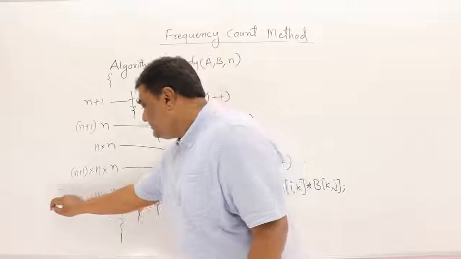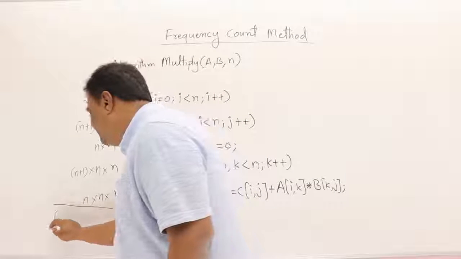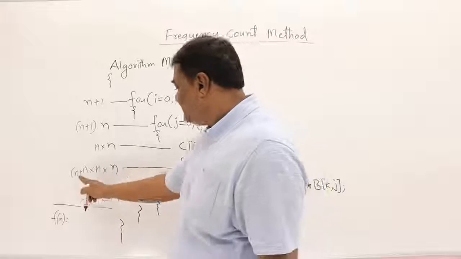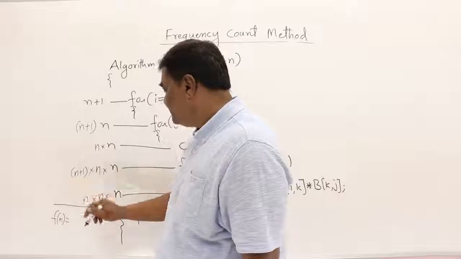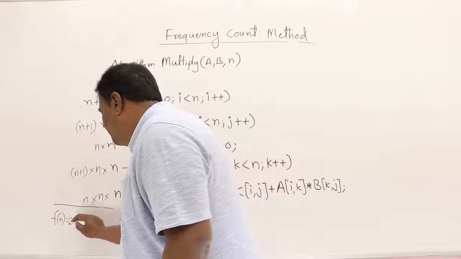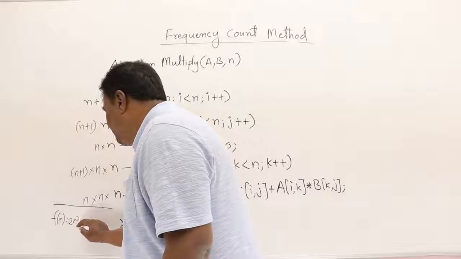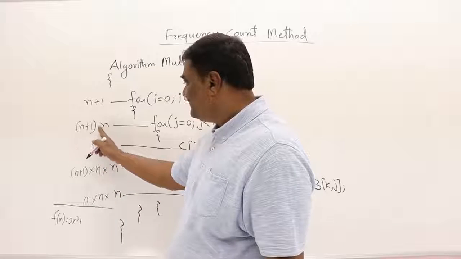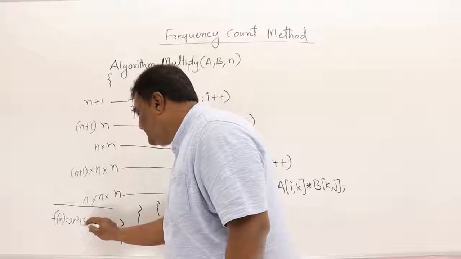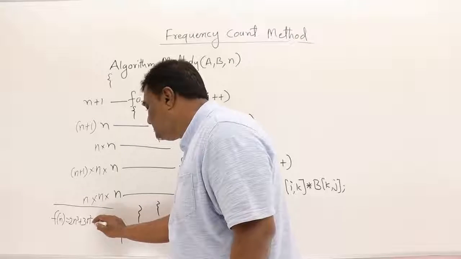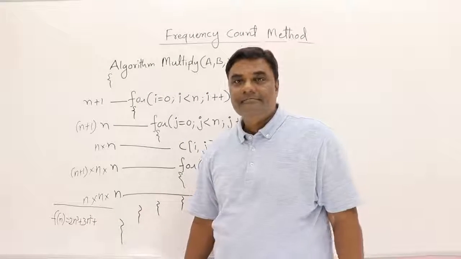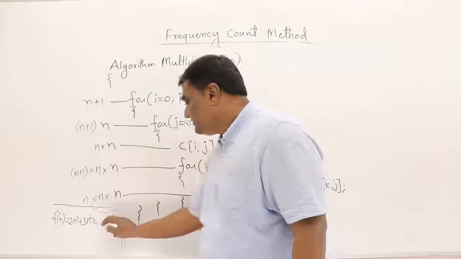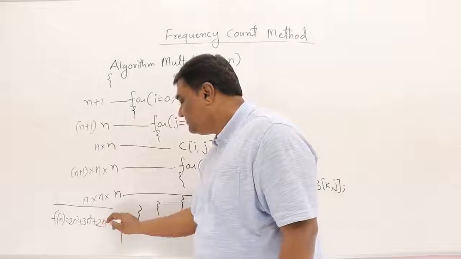If you finally write down the time function, f of n will be equal to 2n cube, plus 3n square, plus 2n plus 1.